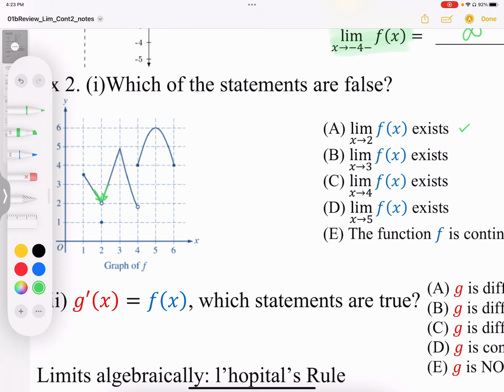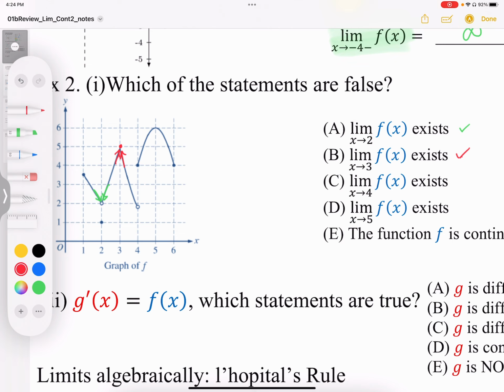For B, we're looking at approaching 3 as a two-sided limit. Approaching from the left side and from the right side, the actual value is 5. Although the limit doesn't really care what the value is, it does have a limit as well. So that is not a false statement either.